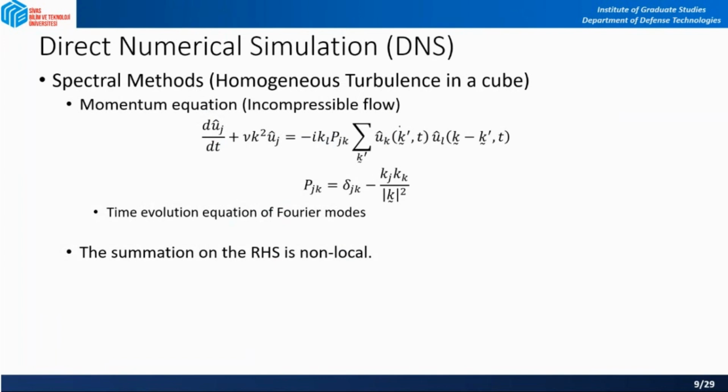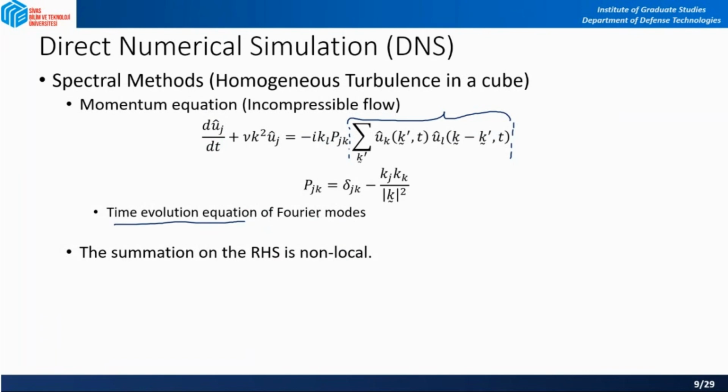Actually, this summation will be a pain in the neck for us in DNS. So this is the time evolution equation of Fourier modes, which I wrote here. You have to remember that we started from conservation of momentum in physical space, and now we ended up with a time evolution equation of Fourier modes in wave number space.